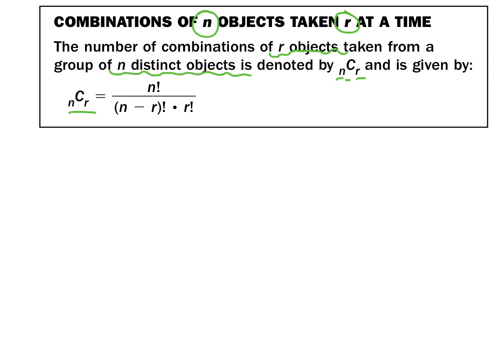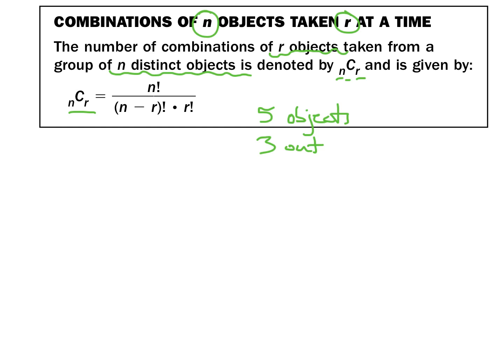Let's say we have 5 total objects, and we are going to take 3 of them out. So how many different combinations of those 3 objects out of the 5 total objects can we have?